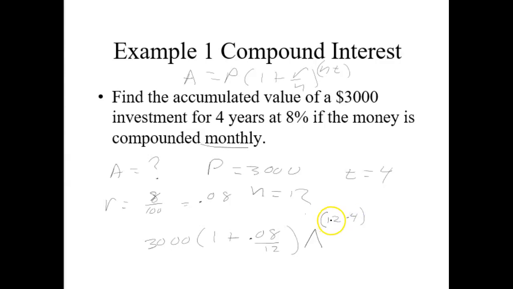If you don't put that in parentheses, the calculator doesn't know the whole thing's an exponent. It just thinks the 12 is. So it would do this to the 12th, then multiply by 4. You don't want to do that. You want to raise that to the 48th. The other way around that is calculate nt as basically one of your variables, and then just use that in this space for the exponent for the formula. That's an order of operations calculation you just have to be really careful with.